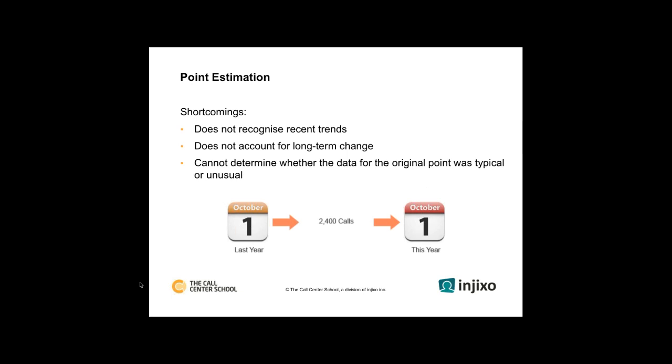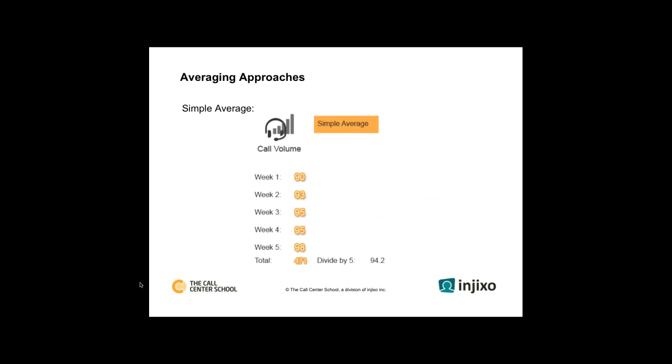But in call center forecasting, obviously point estimation doesn't recognize any trend that's been going on in your calling, any growth, any decline, can't account for any short-term changes or any particular unique events on that particular day, or if even you have good data for the first point. So obviously this one, not the most accurate approach.